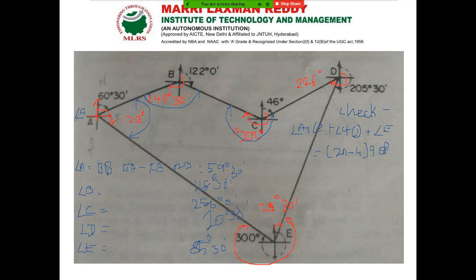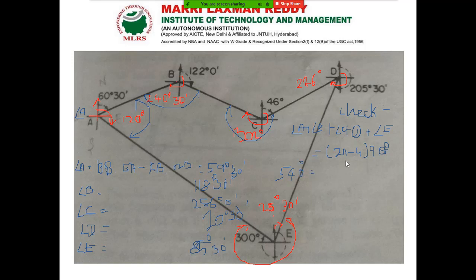So now we can add these angles, 59 degree 30 minutes plus 118 degree 30 minutes plus 256 degree plus 20 degree 30 minutes plus 85 degree 30 minutes. So that I am getting the value of left side becomes 540 degree. Now at right side 2n minus 4 into 90 degree.